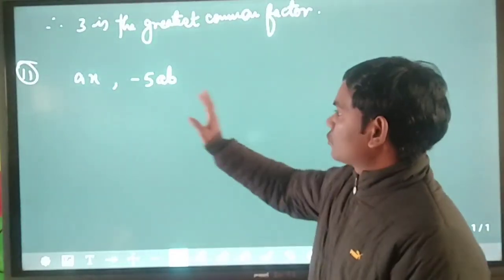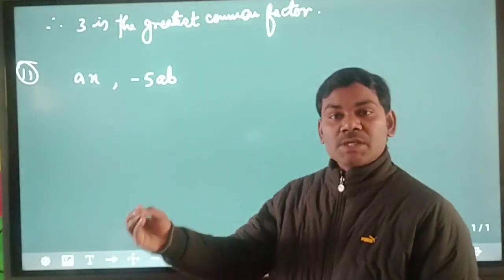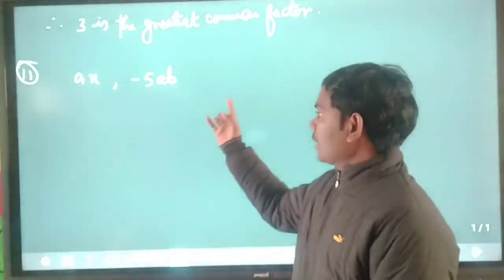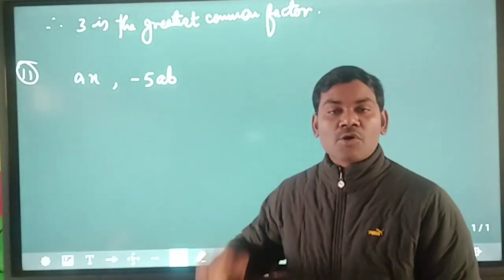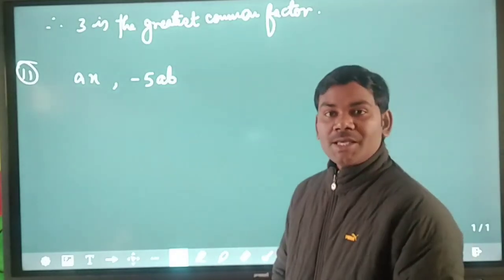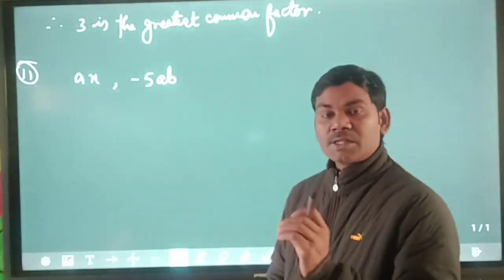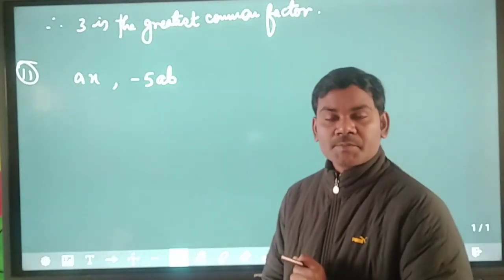First of all, in this question we have to find a quantity which is common in both terms. Here in both terms we can see that a is common, and except a, the only other common factor is 1.